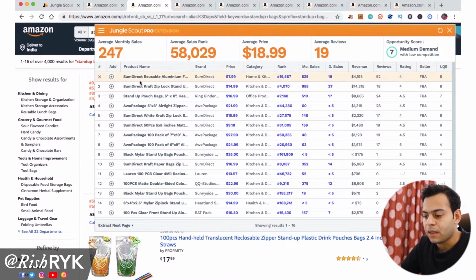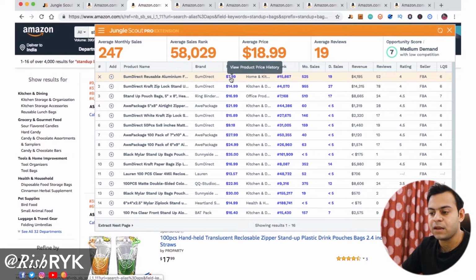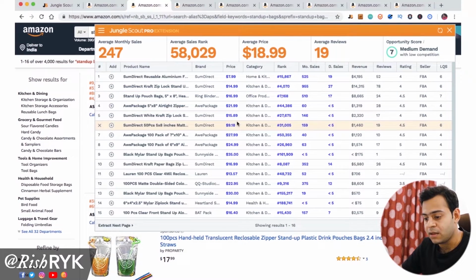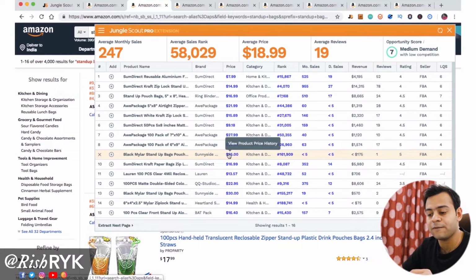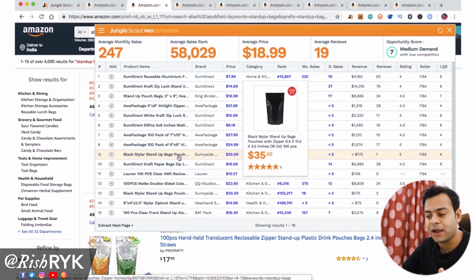Alright, so I also usually remove the products which do not fall into the average price point. So I see there is a product over here which is priced at $8. There's a product here which is priced at $15. There's a product here which is even priced at $35. So I see a lot of variations in the price range, and that could be because of a lot of reasons.